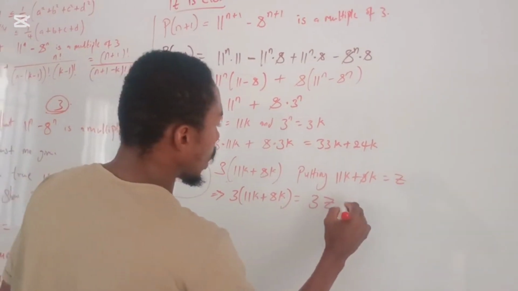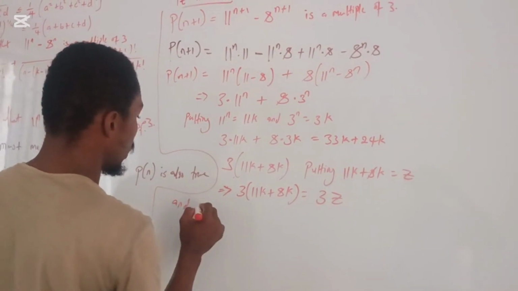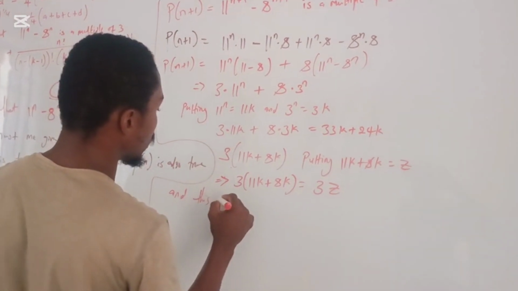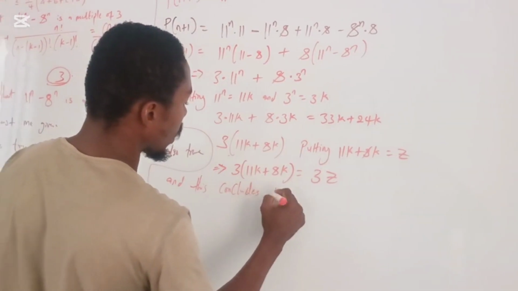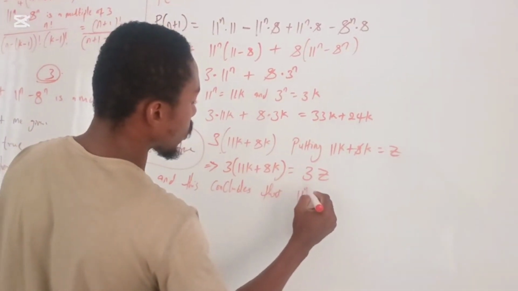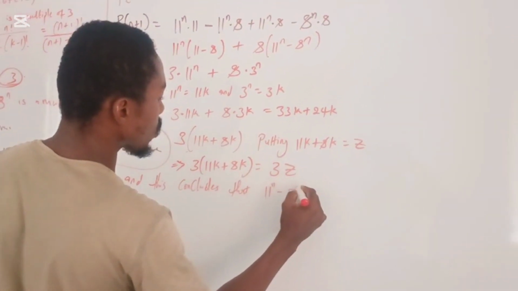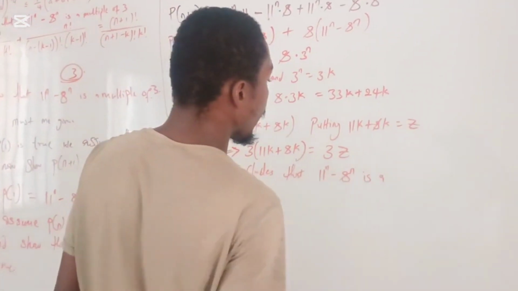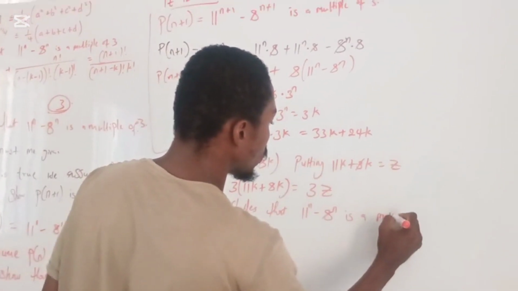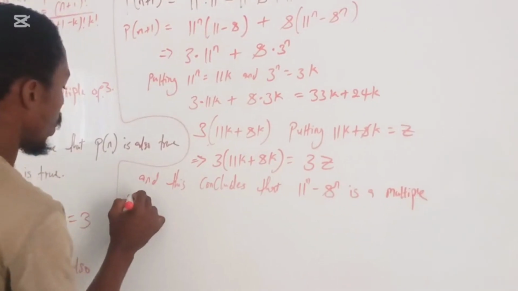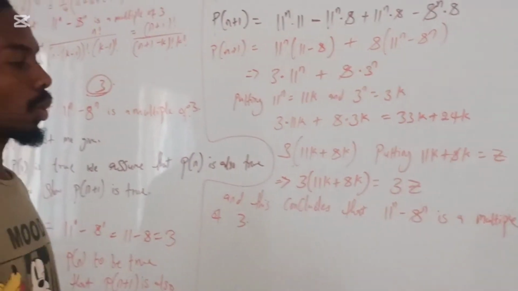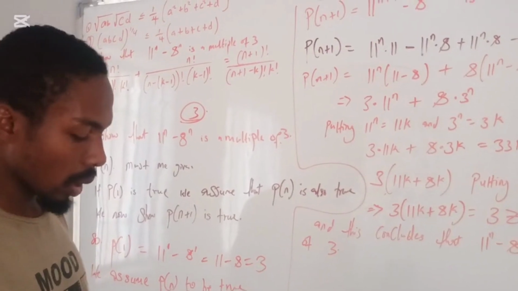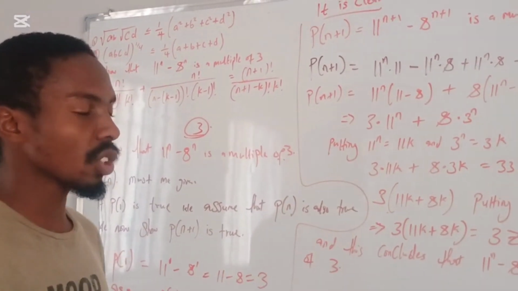So this concludes that 11 raised to the power n minus 8 raised to the power n is a multiple of 3.